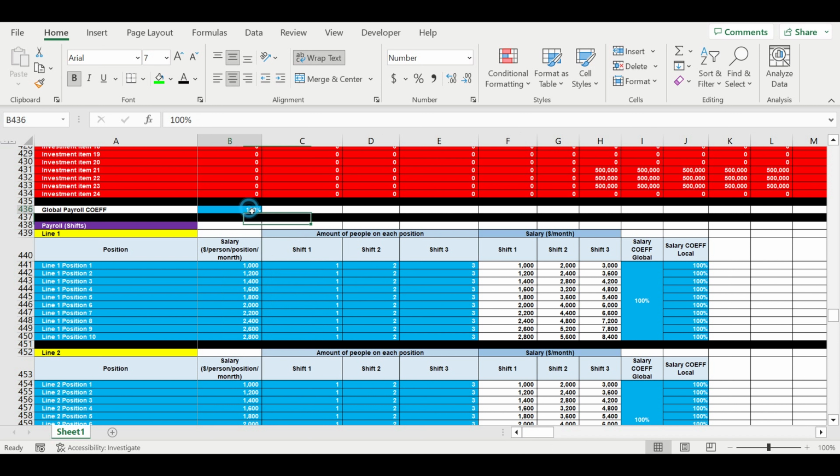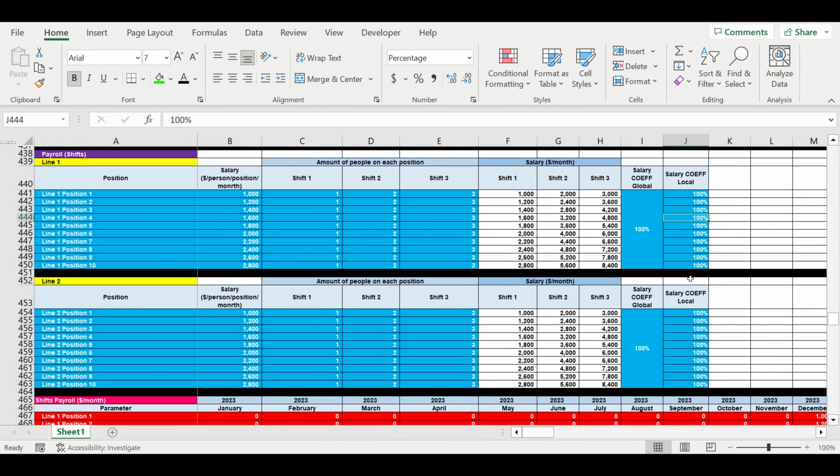We have a global salary coefficient, then we have a salary coefficient for line 1, and inside line 1 we can play with salaries even for each position. So this will all be needed later when we will start playing with inputs. So the same story for line 2.